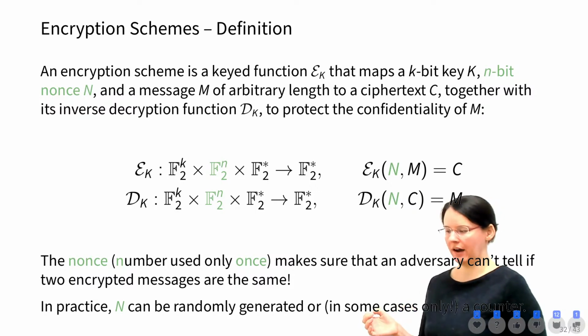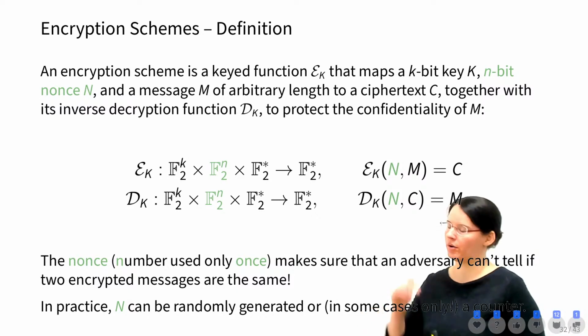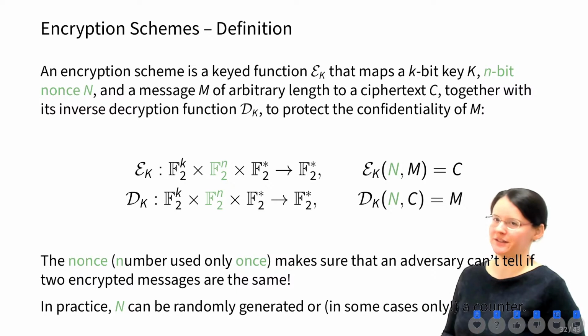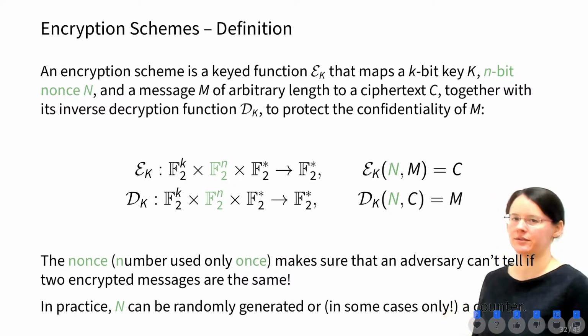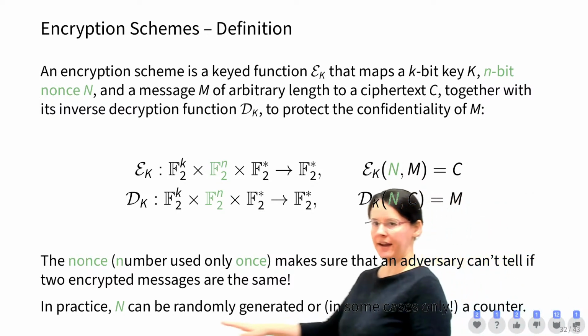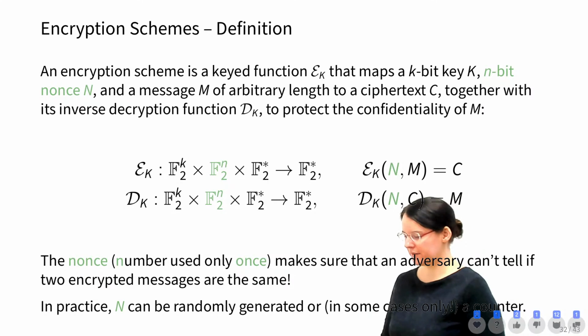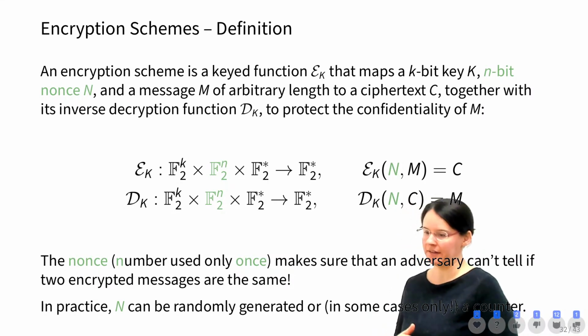The advantage of the counter is that it's definitely never going to repeat. We are always counting up. The downside is that this doesn't actually work for some schemes. So some schemes are so fragile that you can't use counters. On the other hand, you can use actual randomness, so unpredictable values that you generate using a random number generator.